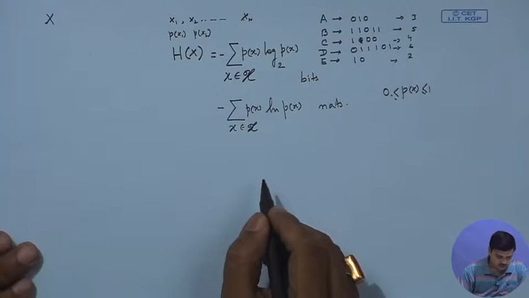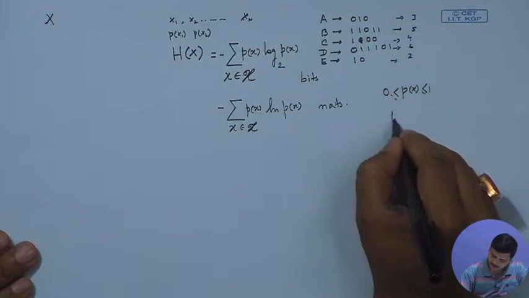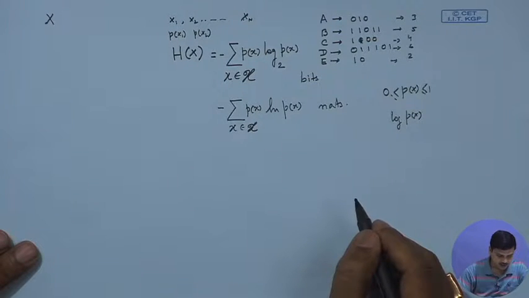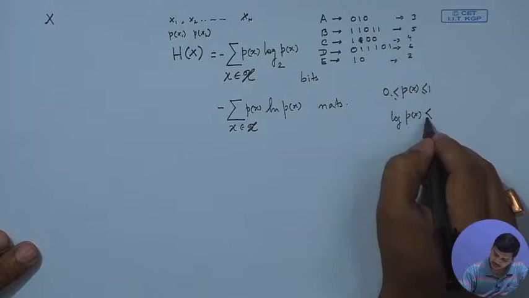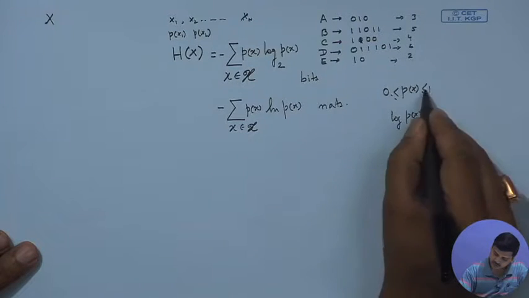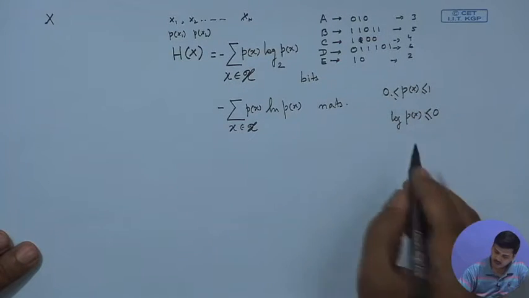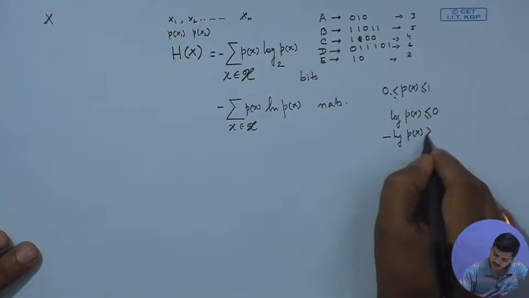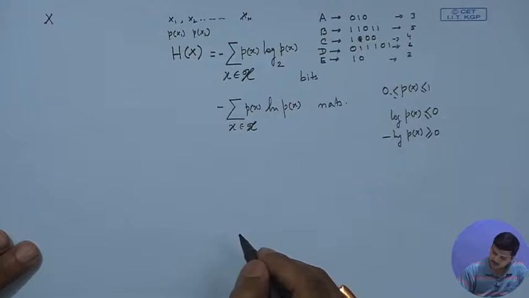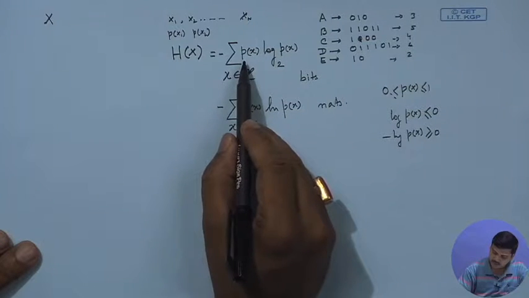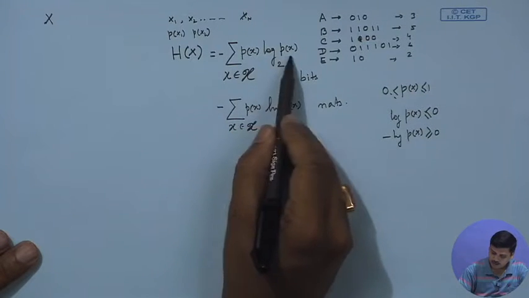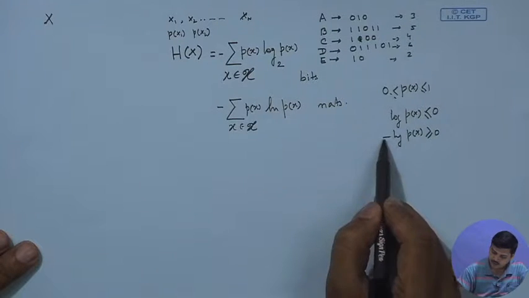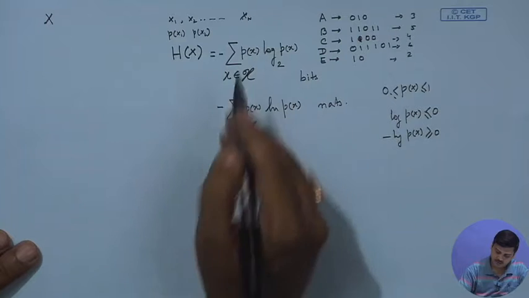If you look at this, then log of p(x) is definitely negative, so it is less than or equal to 0, with equality when p(x) is equal to 1, and minus log p(x) is greater than or equal to 0. So p(x) is positive, minus log p(x) is also positive, so the whole number is positive.